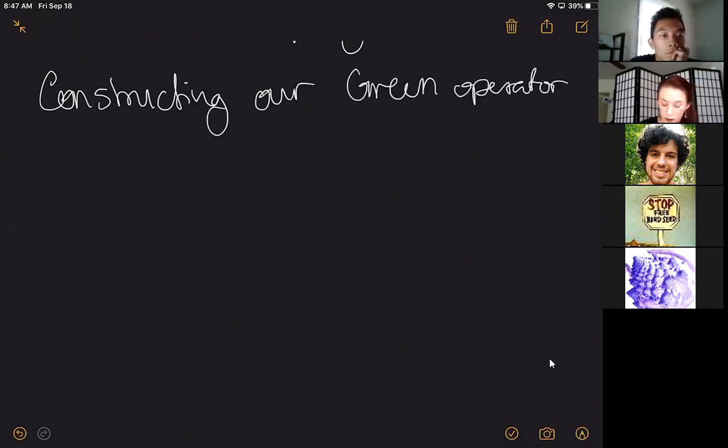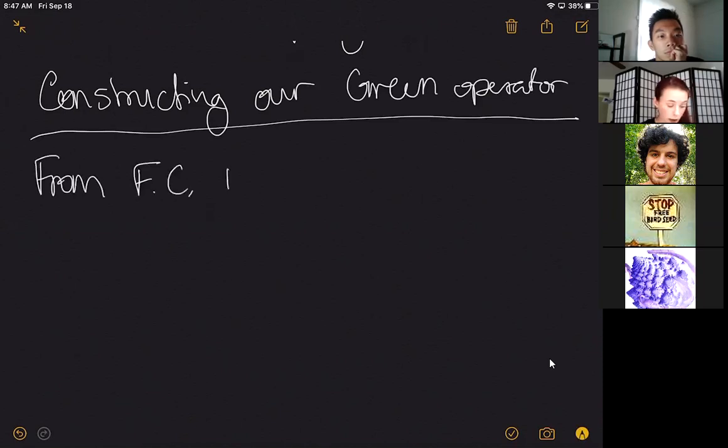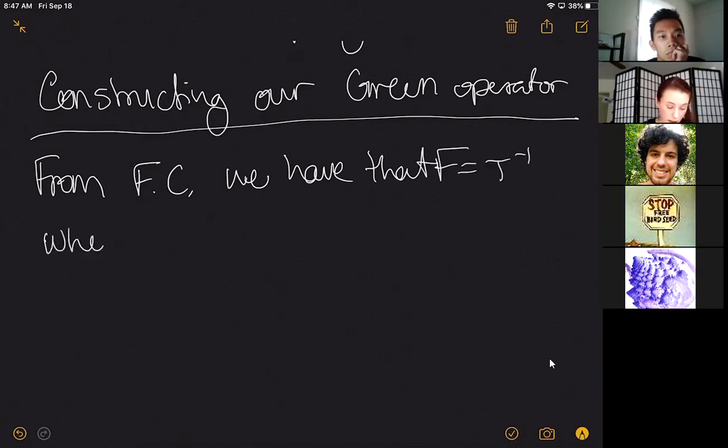So a reminder from the Friedrichs construction, we have that F is equal to T inverse, where T is a map from L2 into the domain of FD, which we've shown is H1.